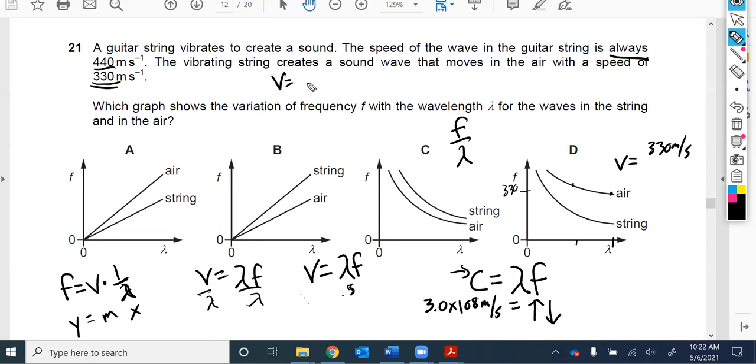If velocity is wavelength times frequency, then frequency divided by wavelength... frequency is velocity over wavelength.